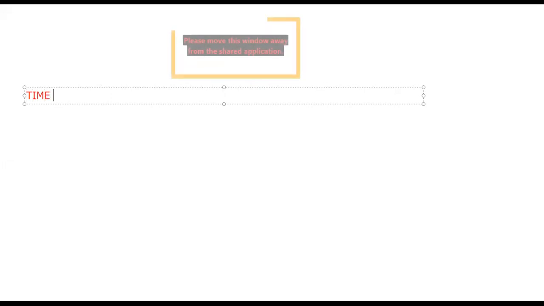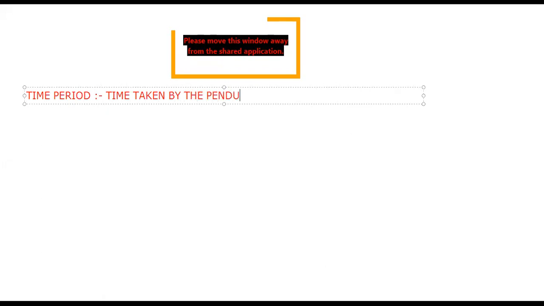So we know what is time period. Time period is nothing but the time taken by the pendulum to complete one oscillation. Exactly. That's the definition of time period.